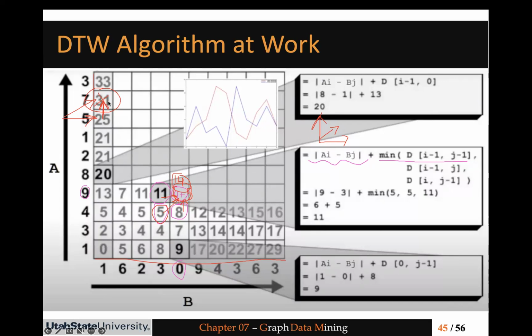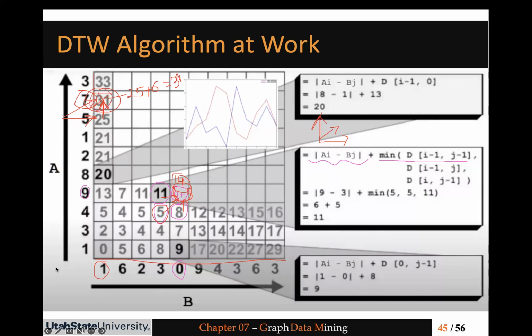arrow in this case. So the distance in this particular cell is equal to 25, which is the only way I could have been there, which is my previous distance, plus the absolute value of 7 minus 1, which is 6 over here. So 25 plus 6 is equal to 31, and that's the exact number which is being found in this particular cell over here.